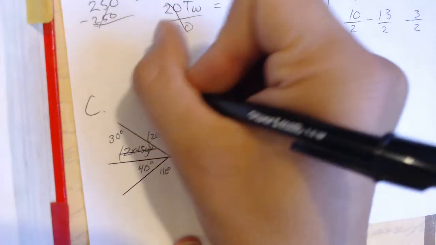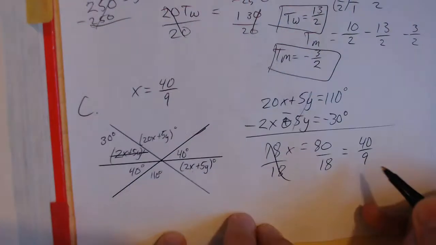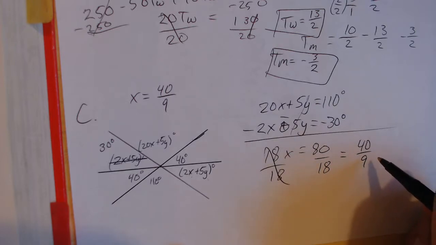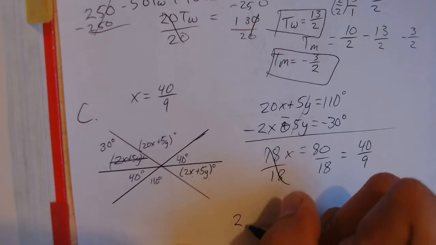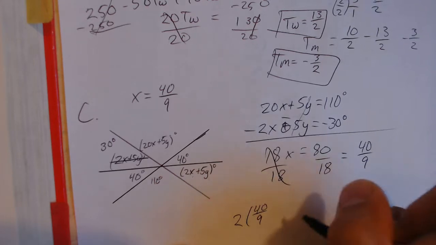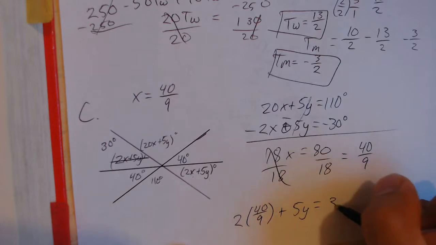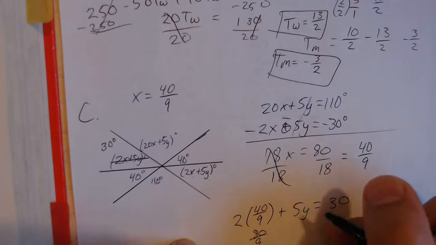So we've got our x value. And lastly, we need to find our y. All we do is substitute that into one of these equations. So we could write 2 times 40 over 9 plus 5y equals 30. This is going to become 80 over 9.